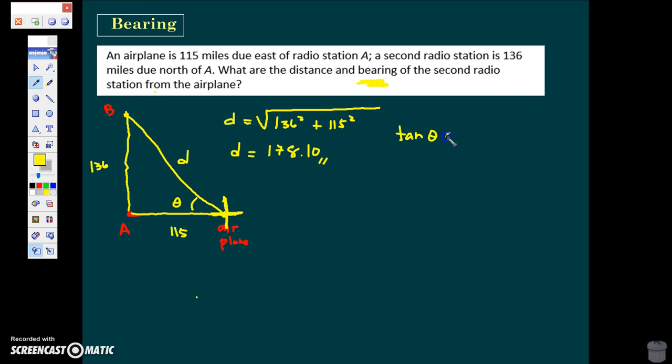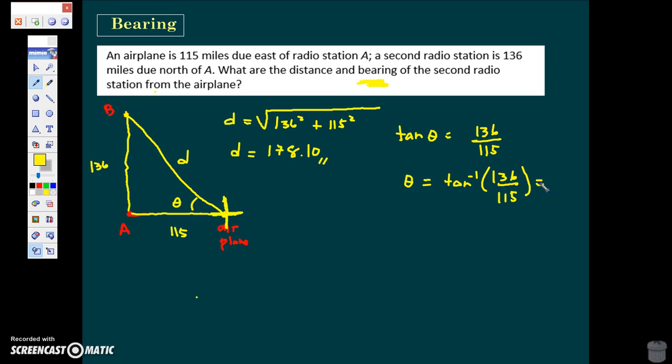Tangent of the angle is opposite 136 over 115. Then to get the value of the angle, we simply use the inverse function of tangent. This is tan inverse of 136 over 115. Again, calculators ready.